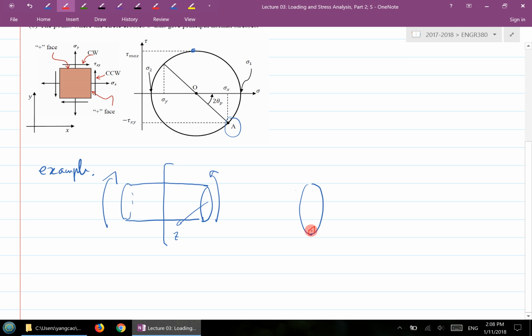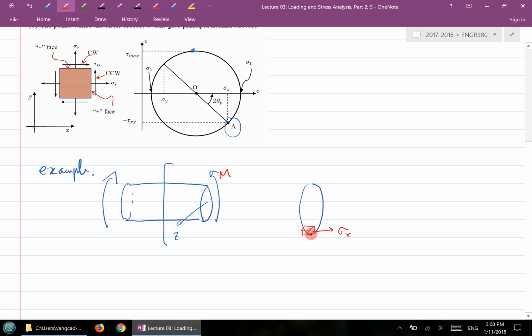At this location, of course, you would have a sigma x due to this bending moment. Then you extend that little rectangle into a cube.